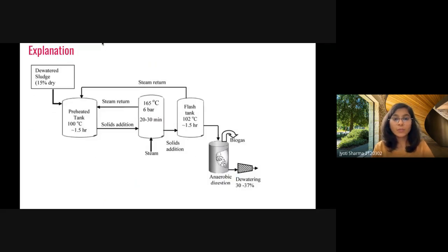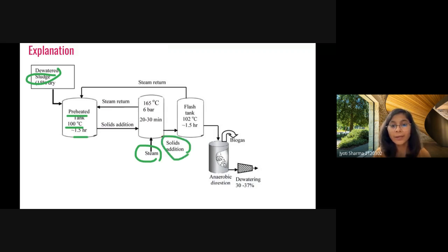Just see, we do have different steps that we have to follow. For example, first we have sludge, then we preheat that at 100 degrees Celsius for 1.5 hours. Then we give steam also, and then we add some solids, and then we have the flash tank as well.